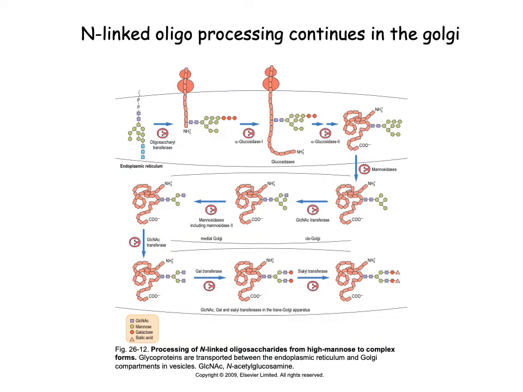Now, once it is attached to a polypeptide, as it's moving through the membrane of the endoplasmic reticulum, it can still be processed. In other words, sugars can be added or cleaved off to form the mature saccharide. And that can happen as the protein travels through the ER and into the Golgi.